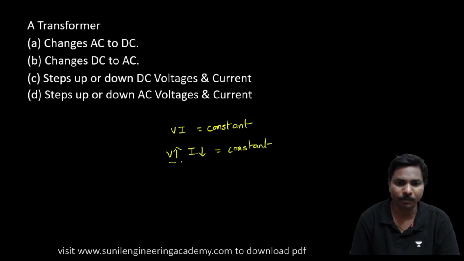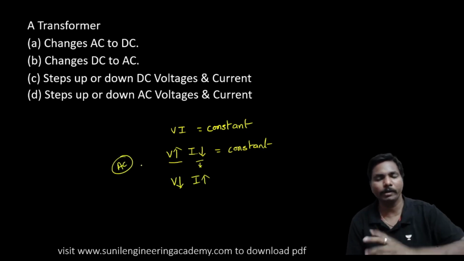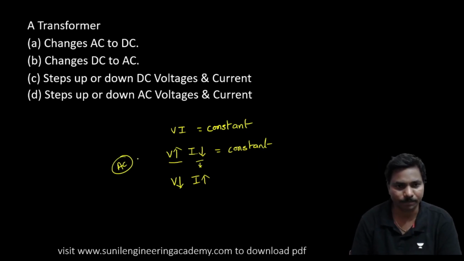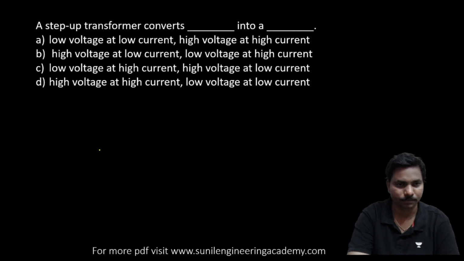Whenever we step up the voltage, current is stepped down. In the same way, if you decrease the voltage, current has to increase. This happens in the case of AC only. With DC there is a primary winding but no transformer action. So it steps up or steps down AC voltages and currents. For DC it may not work.